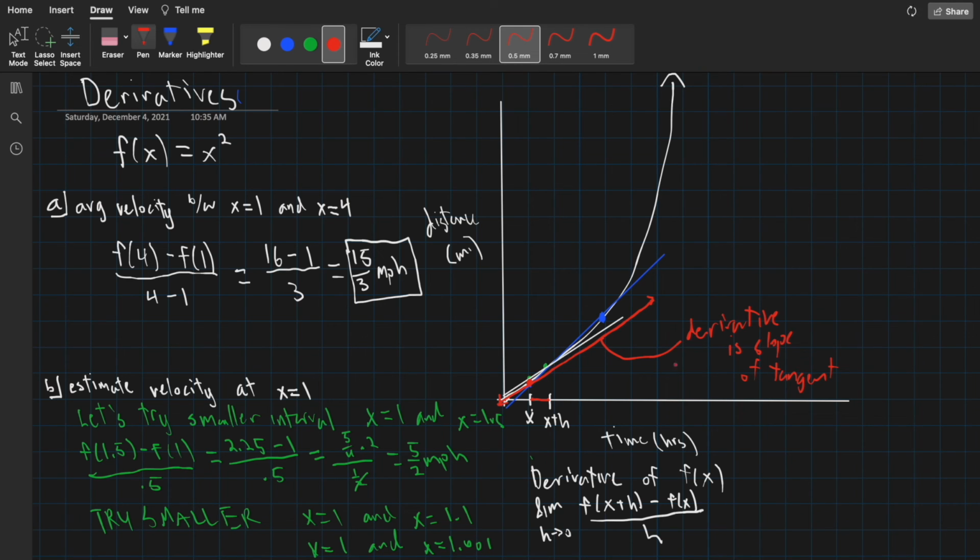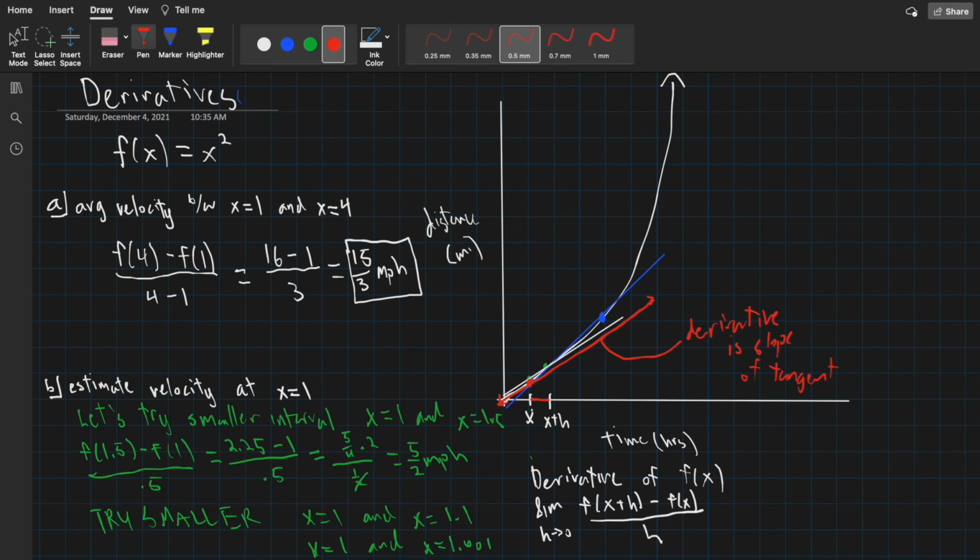So this line is tangent, meaning it touches our original curve at exactly 1 point. And what's so powerful about the limit is that when we're shrinking this interval so far close to 0, we're getting a better and better approximation of this line.